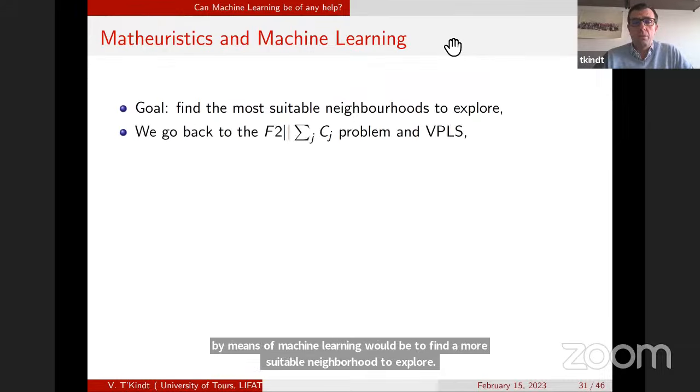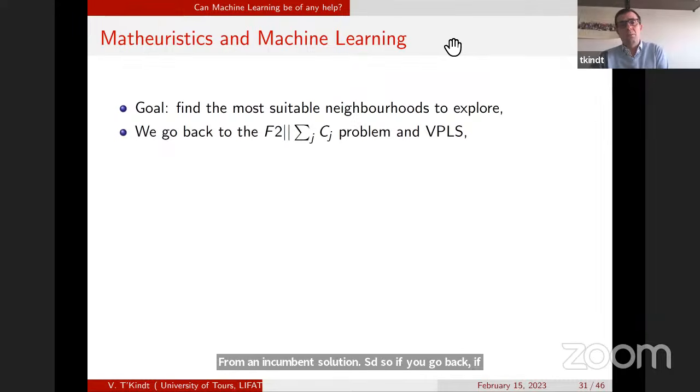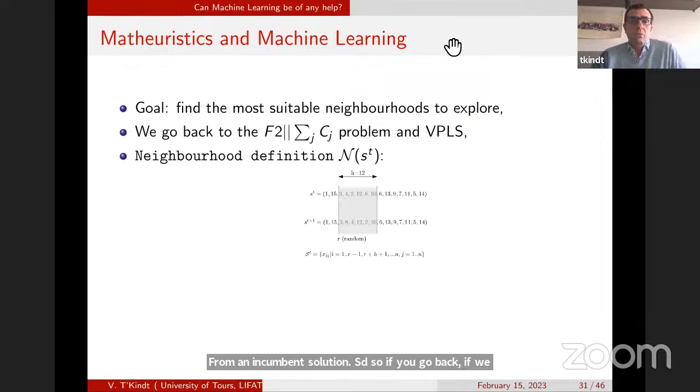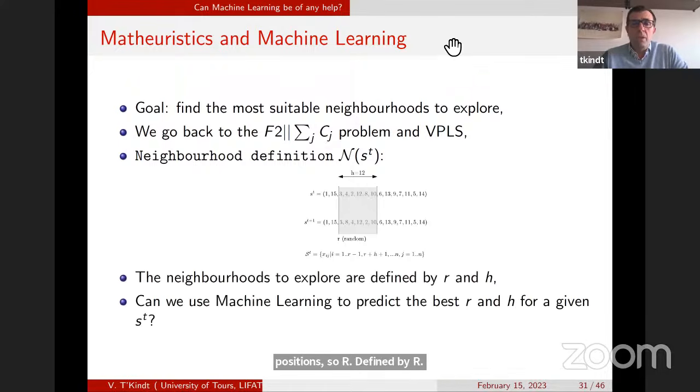So if we go back to the two-machine closure problem and VPLS, we have this notion of neighborhood, my window of positions, defined by R and H. Can we use machine learning to predict the best R and H for a given sequence ST? This would be kind of magic.